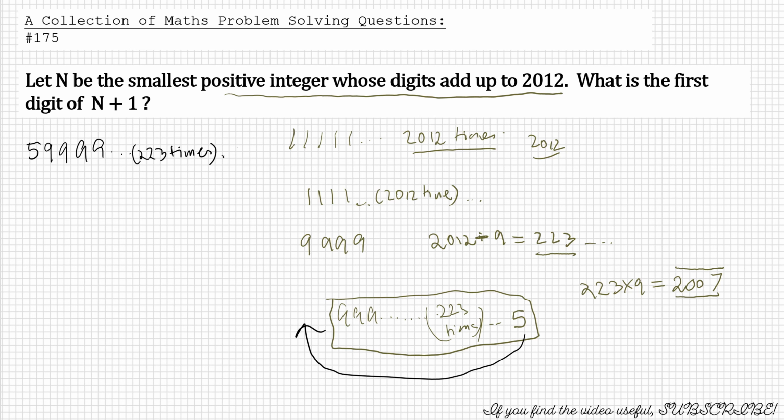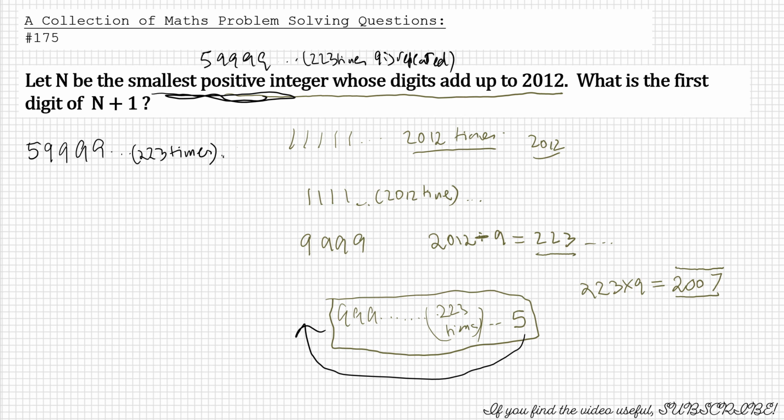So the smallest positive integer is 5 followed by 223 nines. That would be the smallest integer.